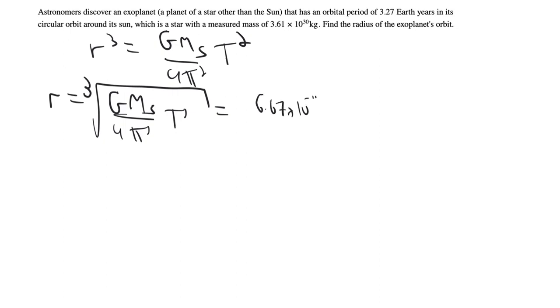6.67 times 10 to the minus 11 newton meter squared per kilogram squared, times the mass of the Sun, or the star here, which was 3.61 times 10 to the 30 kilograms, times the period squared, which is 3.27 years, but then I have to convert that to seconds at some point, which will be annoying.